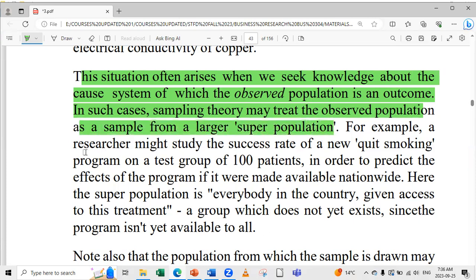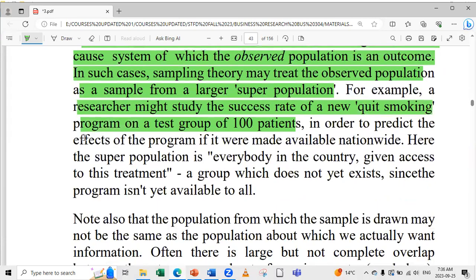For example, a researcher might study the success rate of a new quit smoking program on a test group of 100 patients in order to predict the effect of the program if it were made available nationwide. Here, the superpopulation is everybody in the country, and it would be very hard to study everyone in the country.